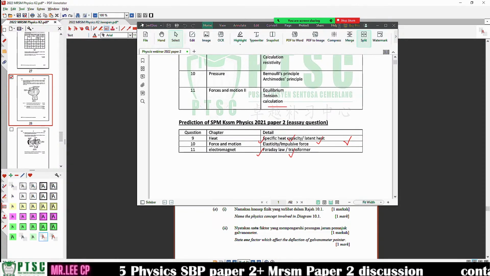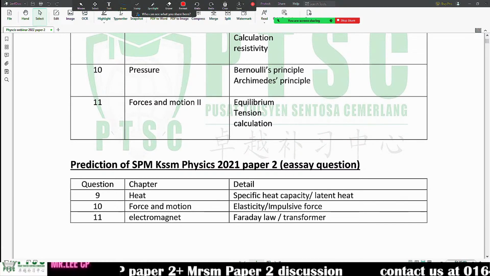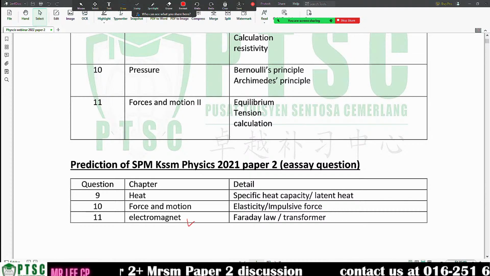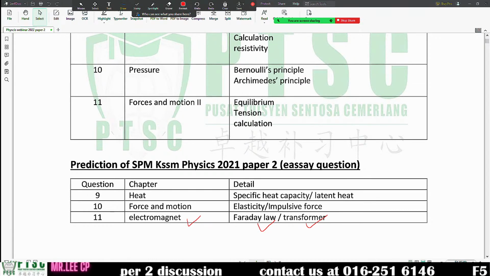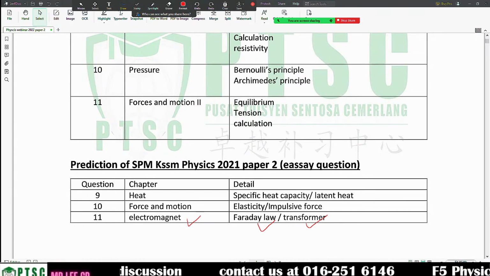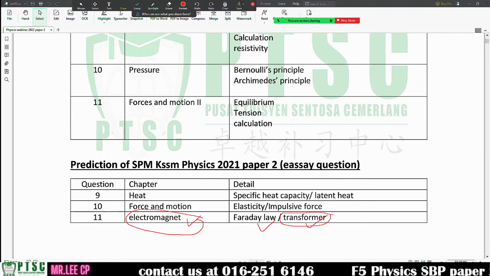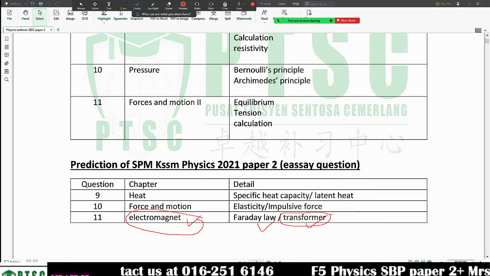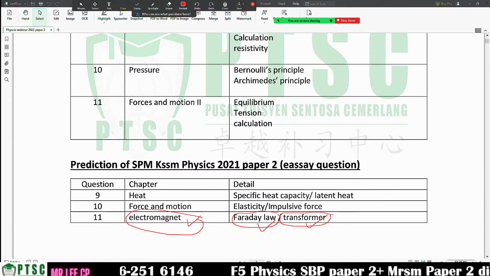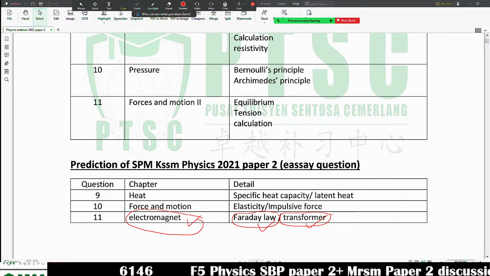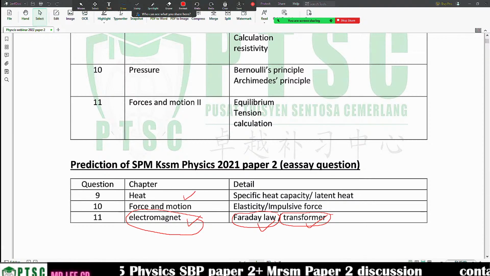This is the one that I predict, I typed it wrong, 2022 is correct. I show you one more time. Now the one that I predict is electromagnet. I told you already, either transformer or Faraday's law or however they ask, right? Because in an essay it is easier for them to ask transformer, where you have the 4 factors and choose one, very easy to ask, or Faraday's law, how to produce more current, or this, right? And then heat, I think heat will come up.